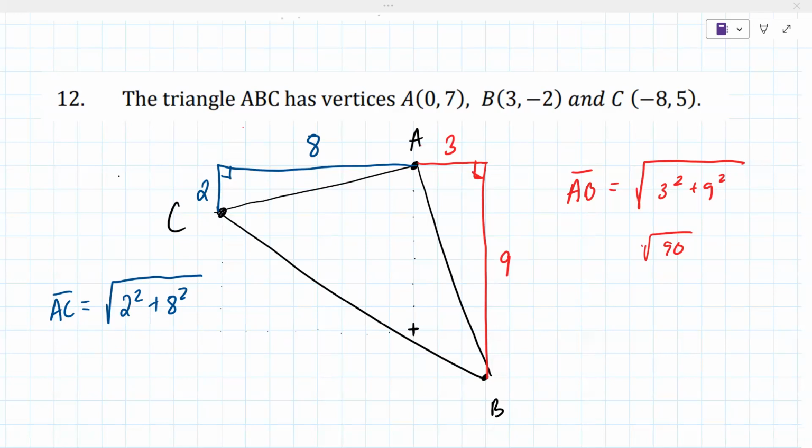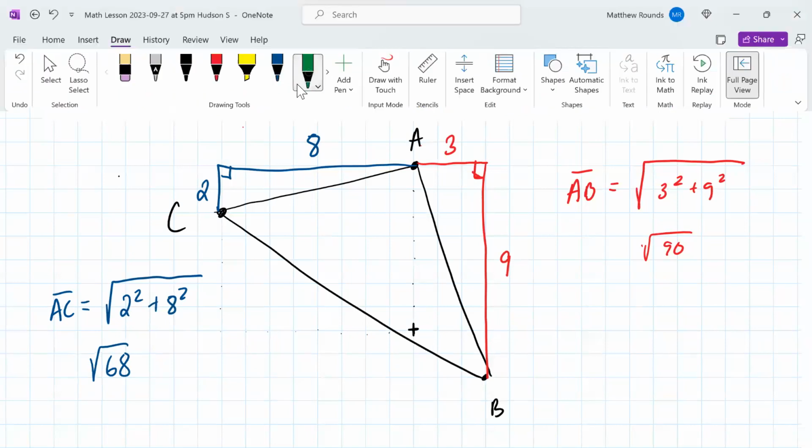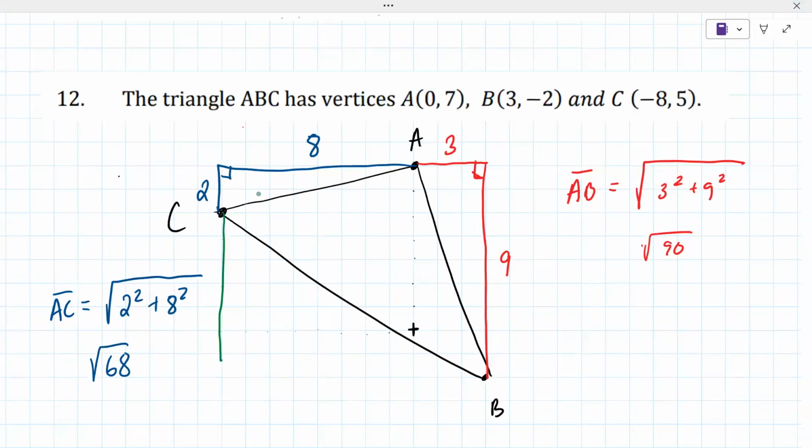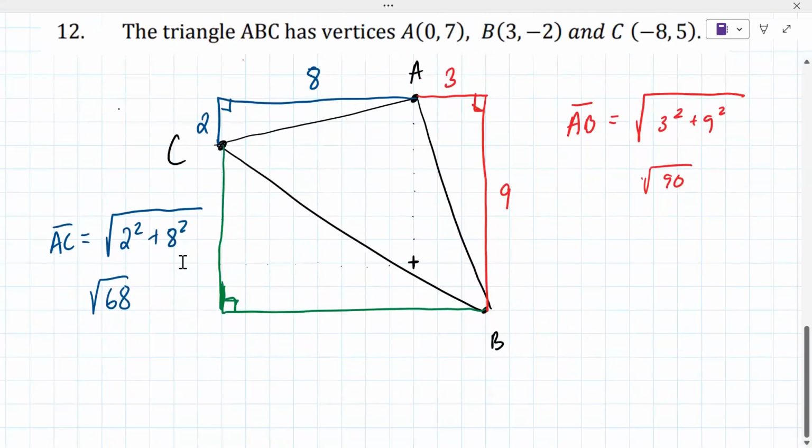Square root of 68. Good. Probably figure out where I'm going from here. What are the side lengths in this triangle for finding BC? What are the side lengths?